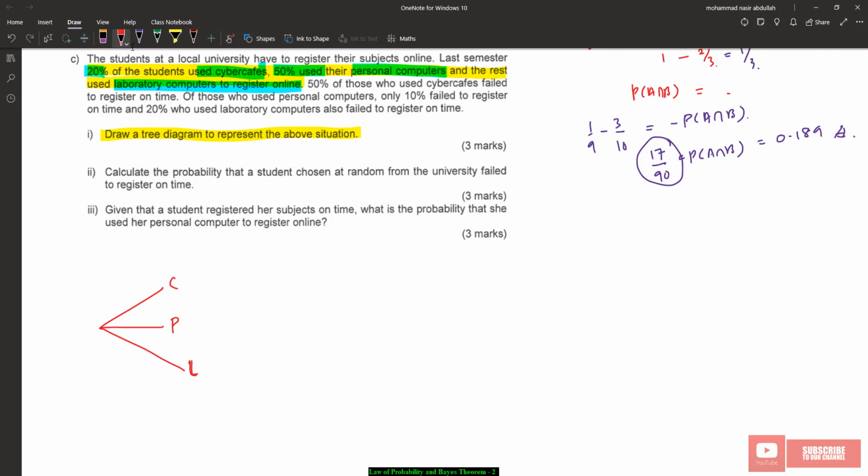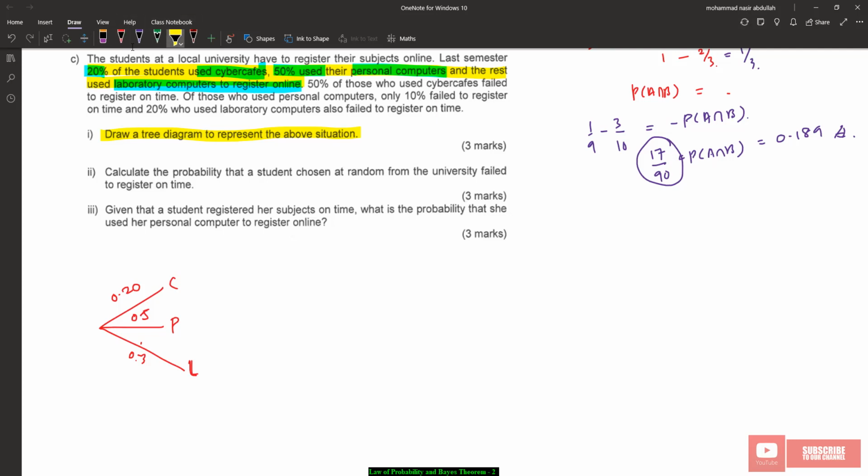Cyber cafe is 0.20, personal computer is 0.5, and the rest is 1 minus 0.7, which is 0.3. So this is the first part.